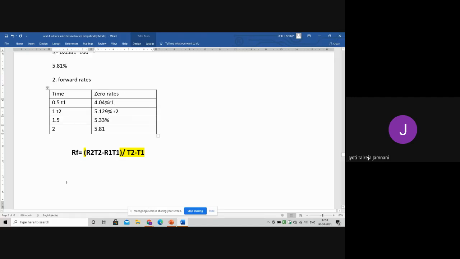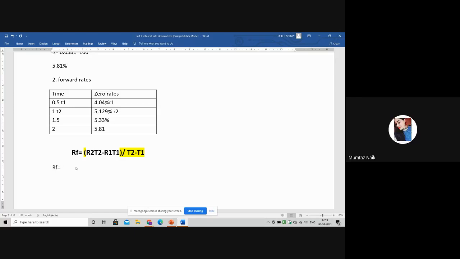Anybody able to get the first one? 6.218.